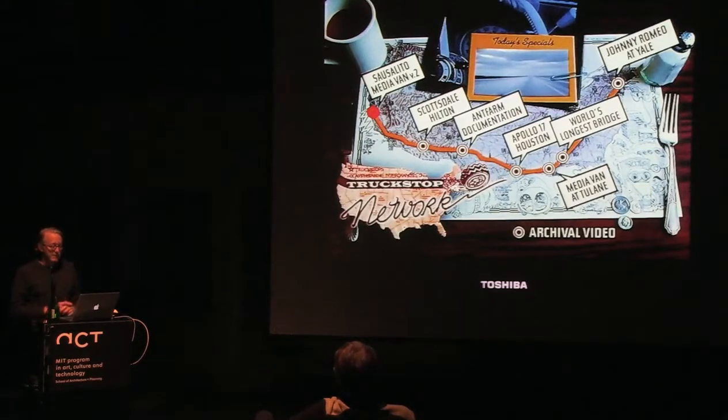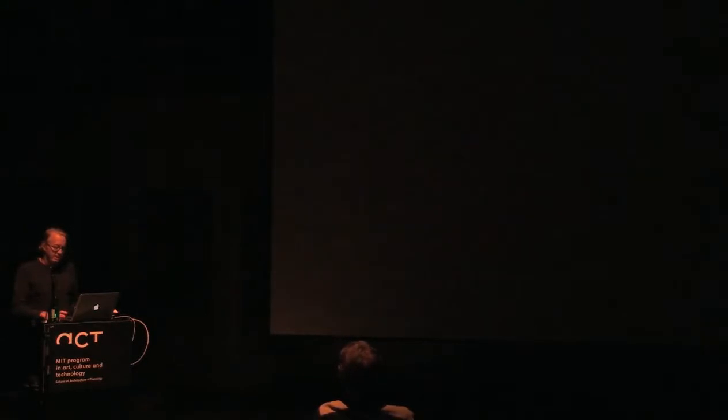This is the DVD menu, and so there are 7 titles, edited titles from that original truck stop tour. In addition to the 7 titles, you can see at the bottom it says archival video. You can also access, I think, 2 or 3 unedited tapes from that period that have been digitized. And so the Media Van, in that sense, contains its own archives, its own history as part of the project and part of the experience.